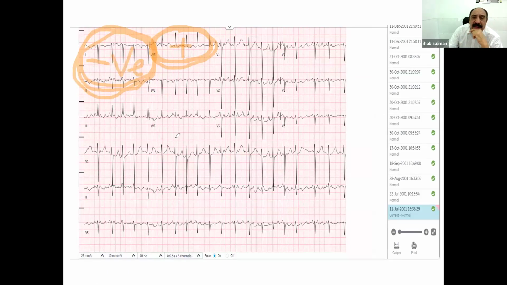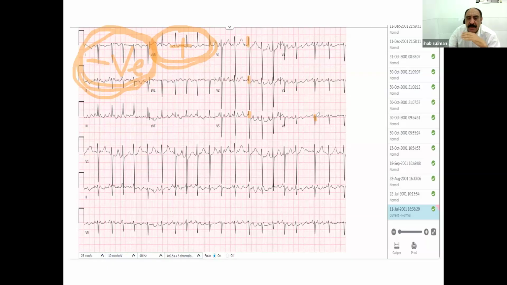The other important differentiation is the poor R wave progression. This is the R wave in V1. This is the R in V2 getting smaller, and this is the R in V3. When we reach V6, the patient actually has a very small R wave. So there is poor R wave progression.